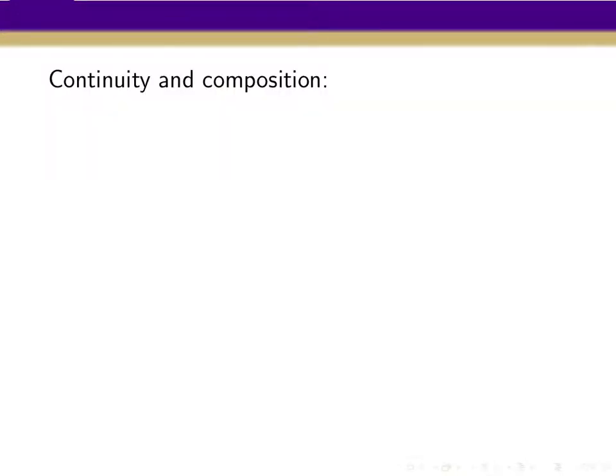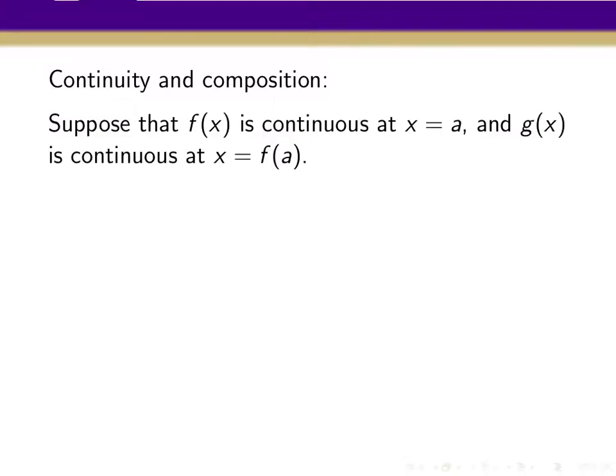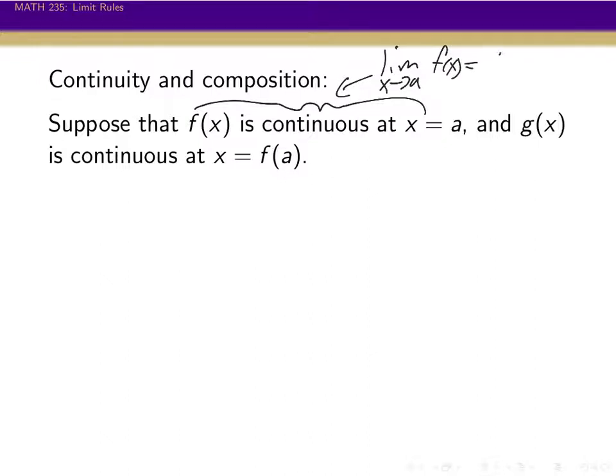Okay. There's one more thing that we can do with continuity, and that's play around with function composition. And so this is what I mean. Let's suppose that we have a function f of x that's continuous at x equals a, right? And so this means that the limit, as x goes to a, of f of x equals f of a.